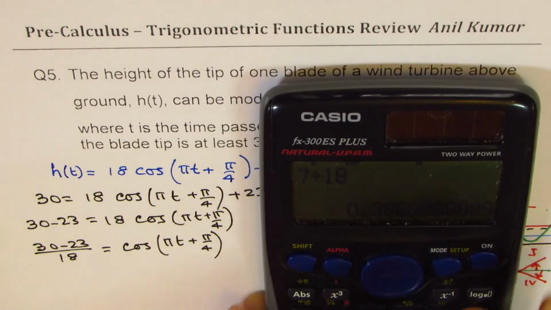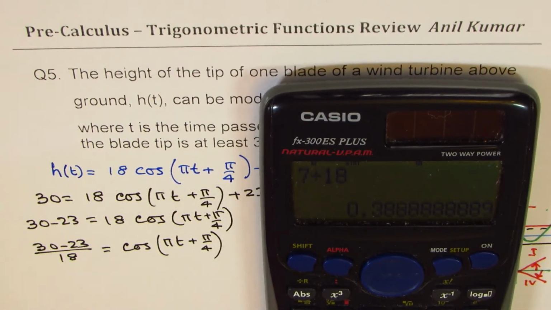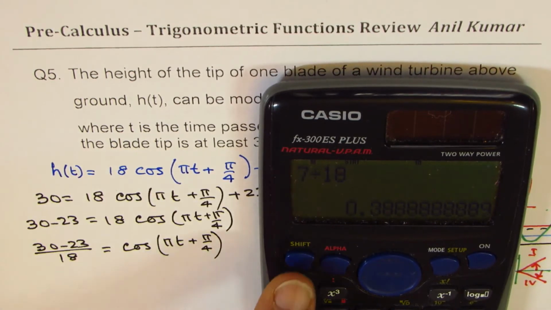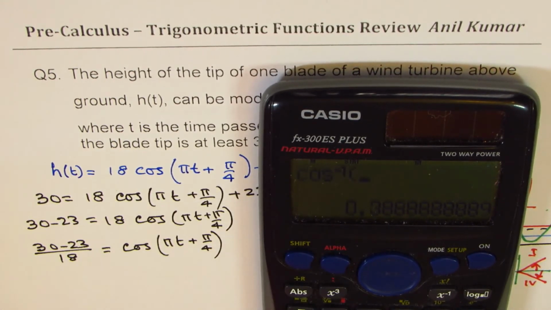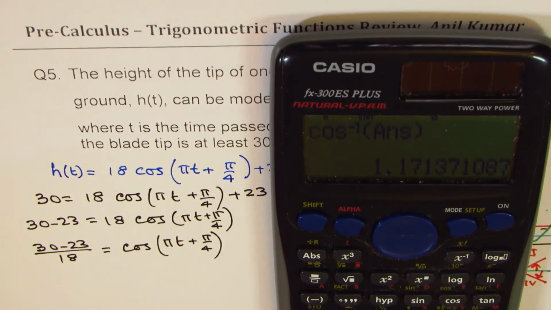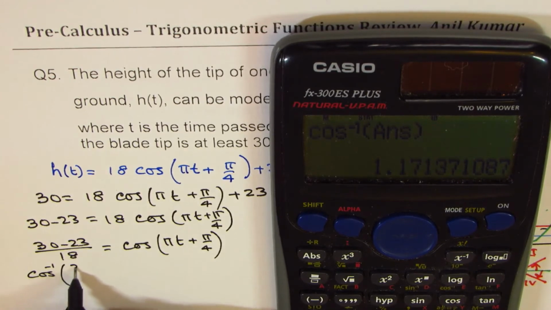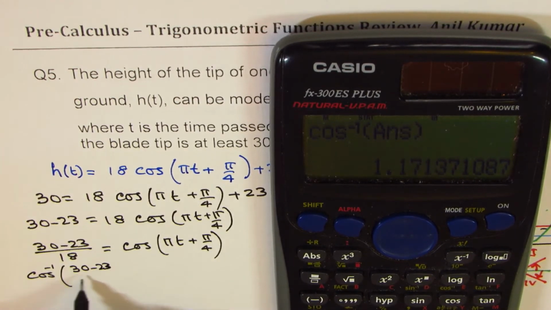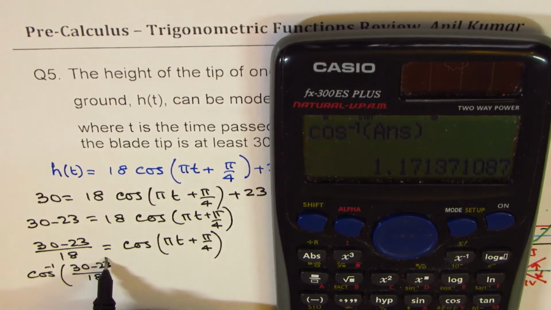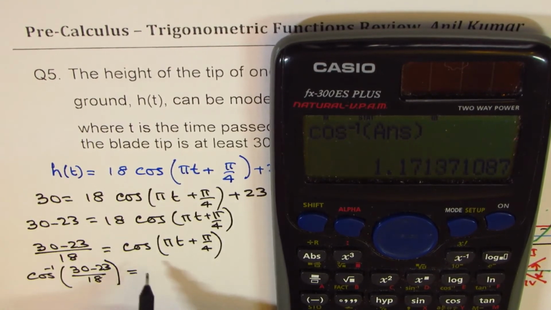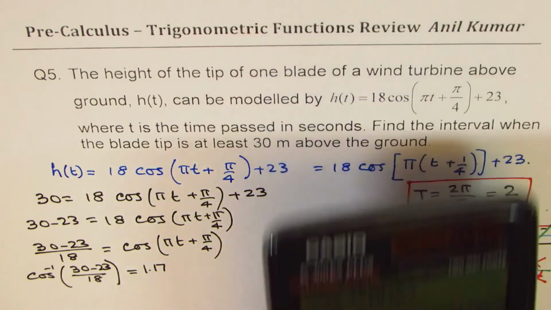So let's find the acute angle first. We'll do shift cos inverse of our answer, 30 minus 23 over 18, and that gives you a value which is 1.171, let's say 1.17. Okay.